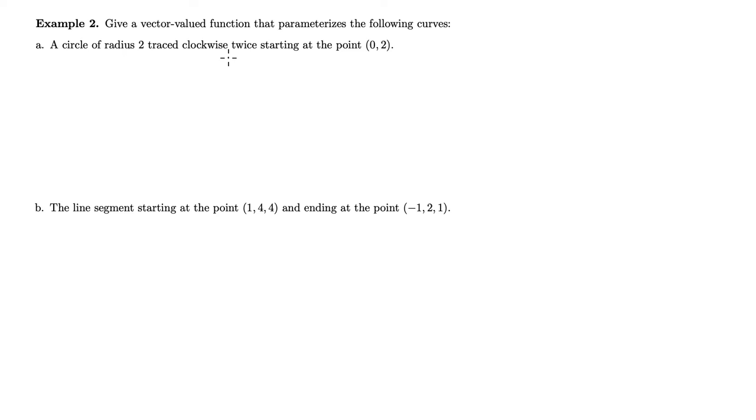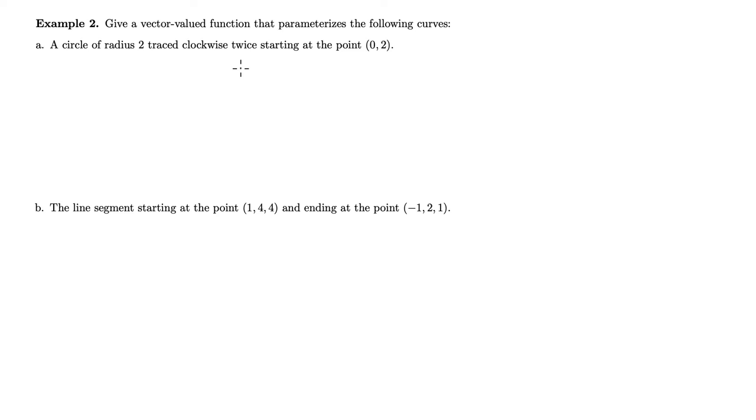And so sometimes the questions will be more specific, like in this example. We want a vector-valued function that parameterizes the following curve: a circle of radius 2 traced clockwise twice, starting at the point 0, 2. So the starting point plays a role, the orientation plays a role, the speed in which it's traced plays a role, the number of times it's traced plays a role.